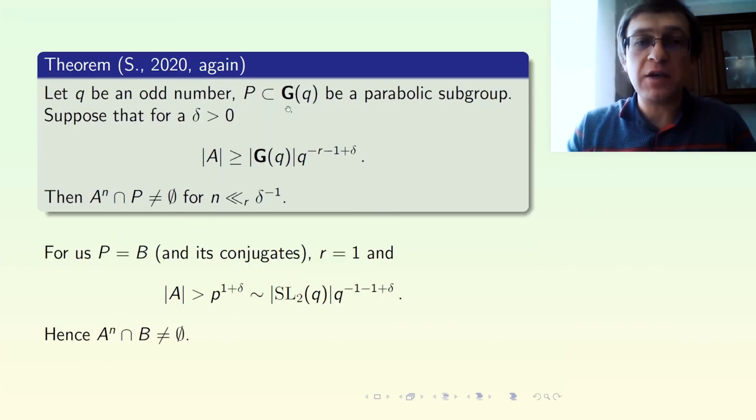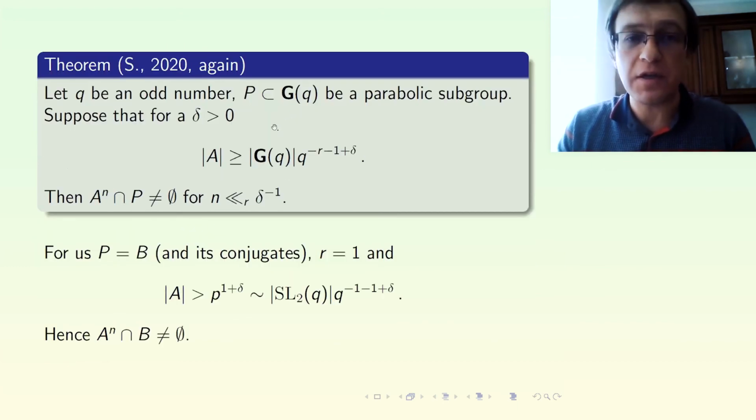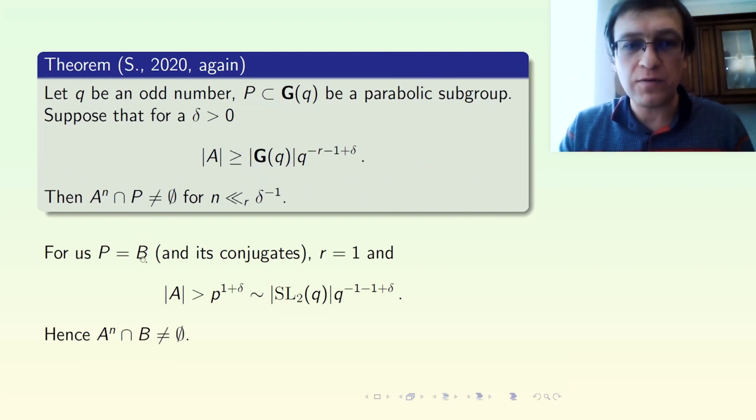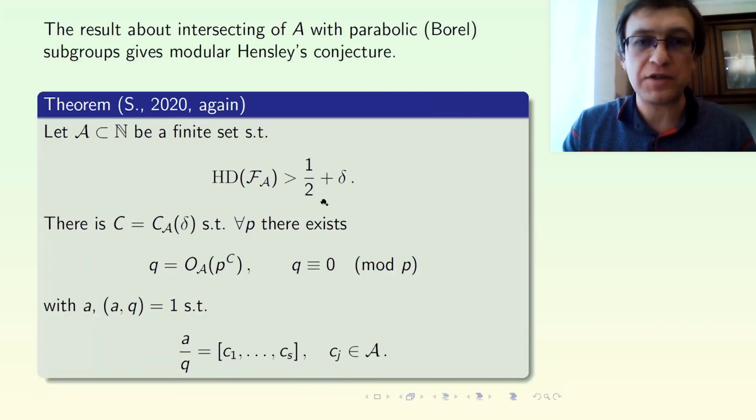But here we have a result that if A is relatively large, then A to the N must intersect any parabolic subgroup, and in SL2, any parabolic subgroup is just a Borel subgroup. So P equals B, R equals 1, and applying this theorem, you find a non-trivial intersection.